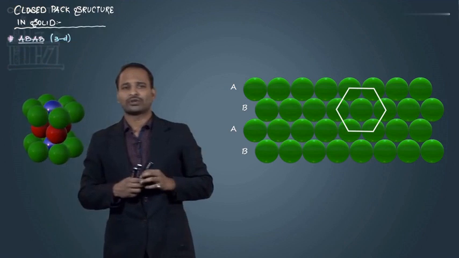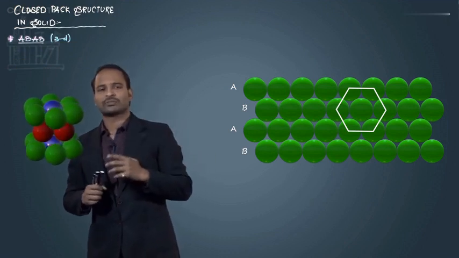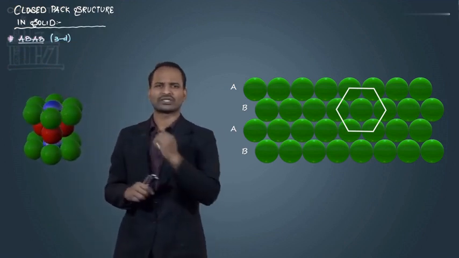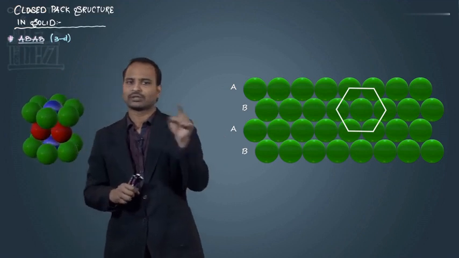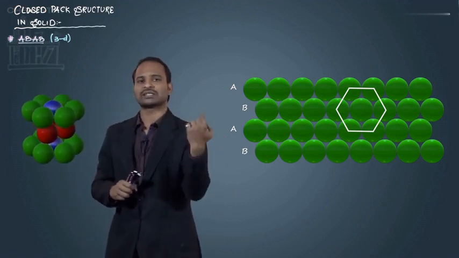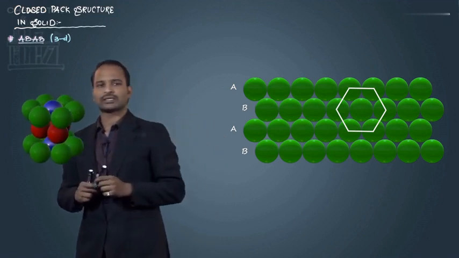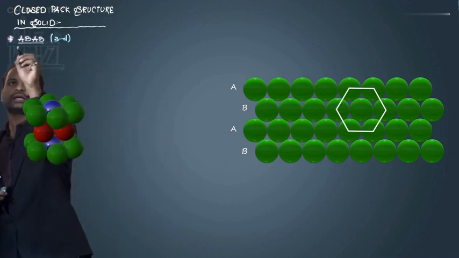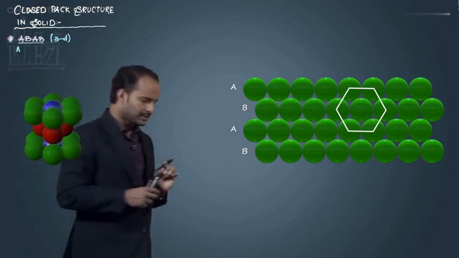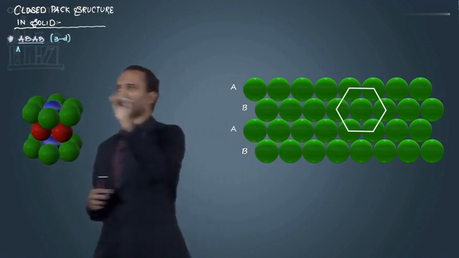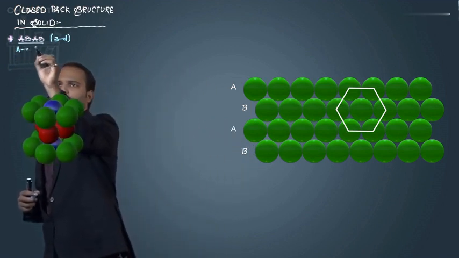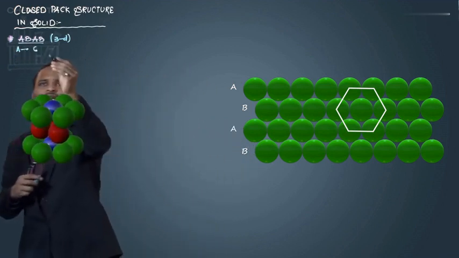So I said here I want the coordination number. The coordination number is 6. How is the coordination number 6? You consider the first layer, that A layer. There is one sphere at the center and 6 are surrounding it. So I can say that in a diagram, the A layer sphere is surrounded by 6 spheres from the same layer. Above A, who comes?